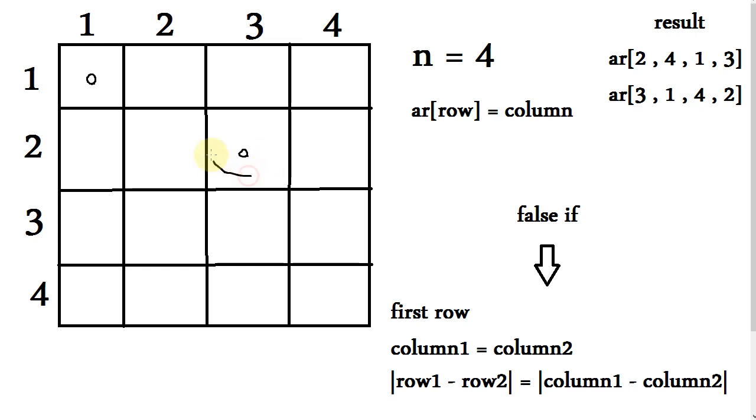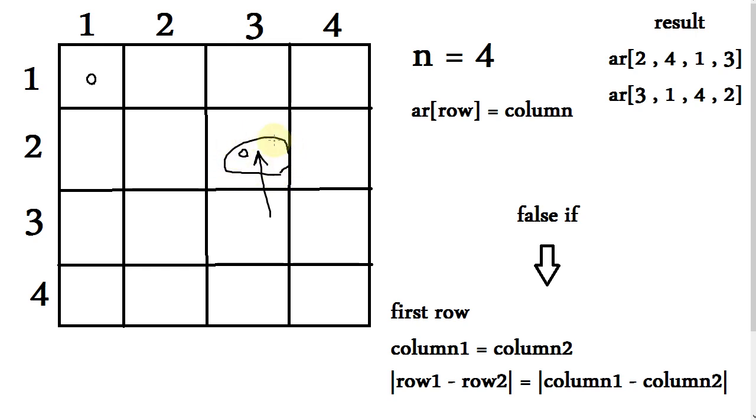It means we were here, where we established that this place is a good place to place our queen. Now, since we went there and we didn't find anything, we went back up.